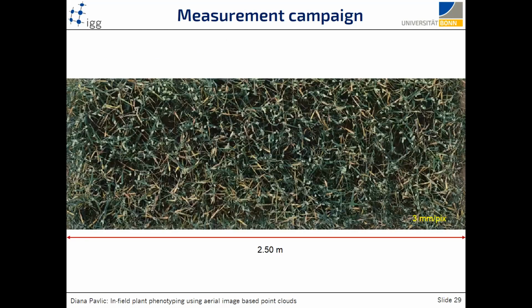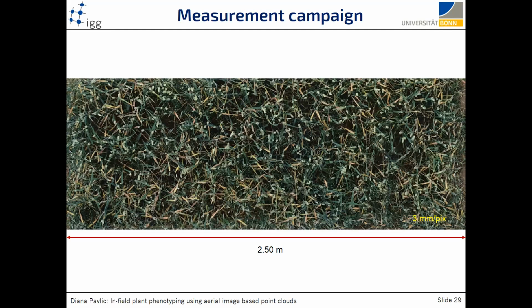What we expect is that different sensors see the same object differently. For example, here we can see one plot of the summer wheat, a high resolution orthomosaic created from structure from motion, 3 millimeters per pixel. This is around 10 square meters. We can see that the summer wheat is in a later stage, and wheat ears are already present.